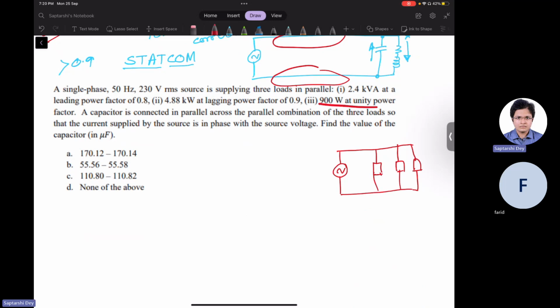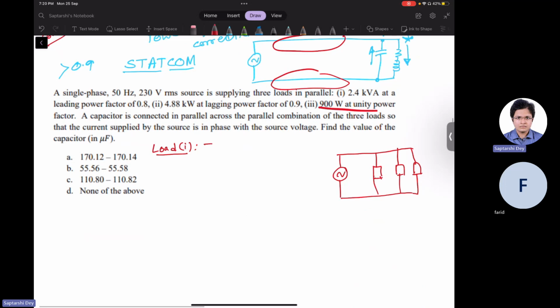So when they say it's 2.4 kVA, we'll write load 1. It's 2.4 kVA, so the current that it is drawing is simply 2.4 K by 230, kilovolt ampere by volt, that gives us ampere. This much current it is drawing.